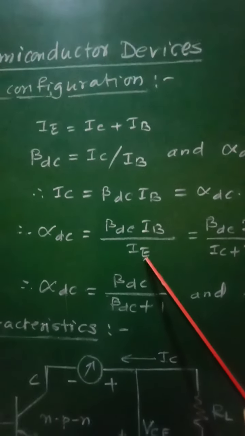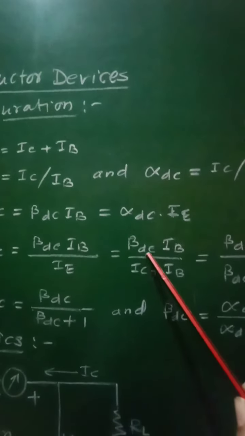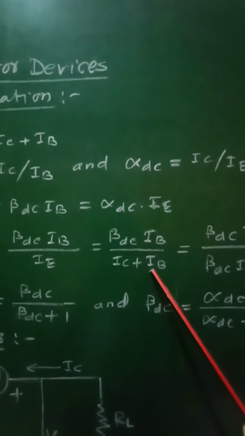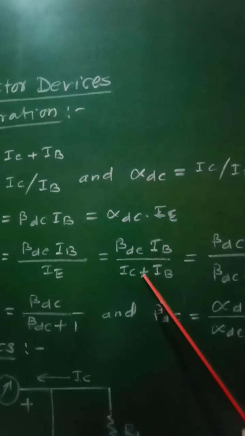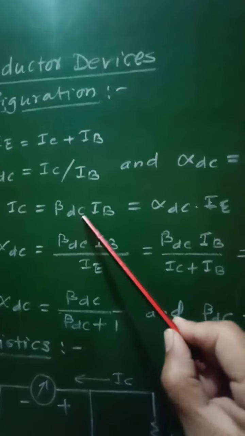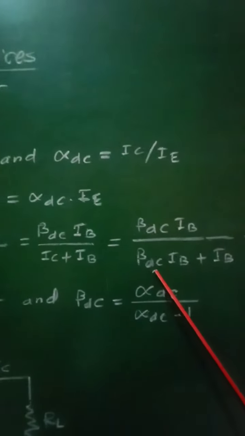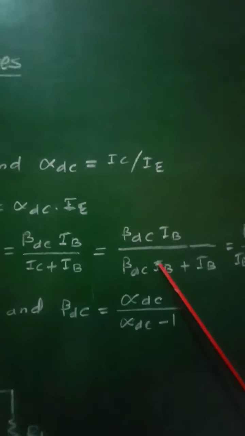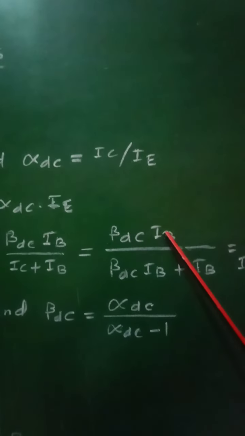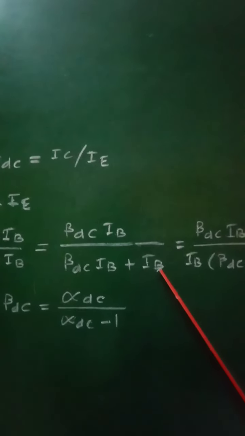But we know that IE is equal to IC plus IB, and therefore we can write beta DC IB upon IC plus IB. But from the above equation, IC is equal to beta DC IB, and therefore in place of IC we can write beta DC IB, and hence we get alpha DC equal to beta DC IB upon beta DC IB plus IB.